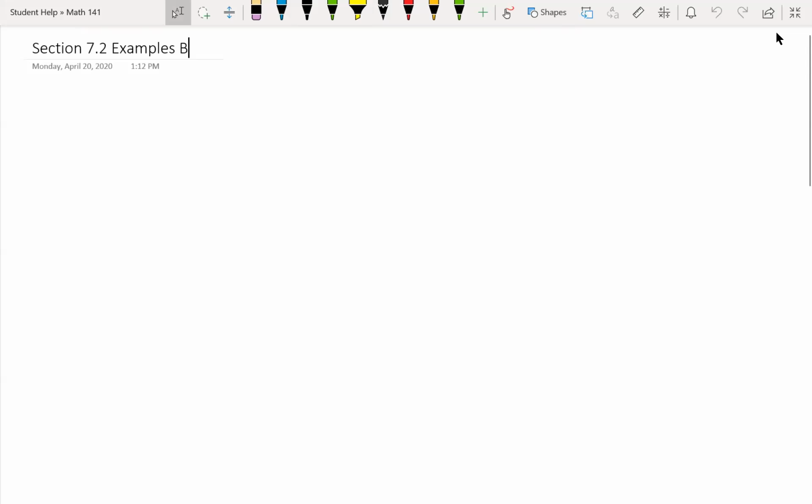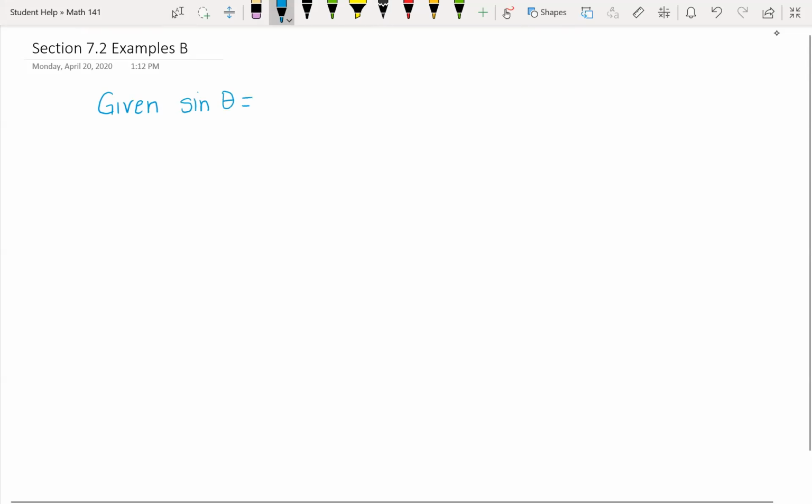All right, this is kind of a similar problem. We're given that the sine of an angle is negative square root 10 over 10, and that angle is in quadrant 4. And we're going to do the same thing that we did in the last one.